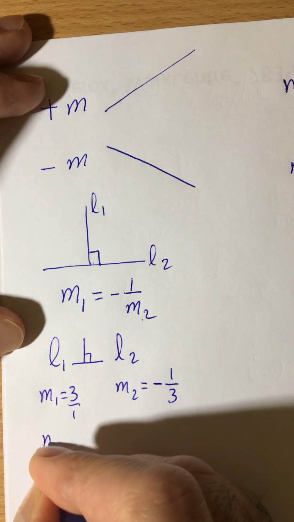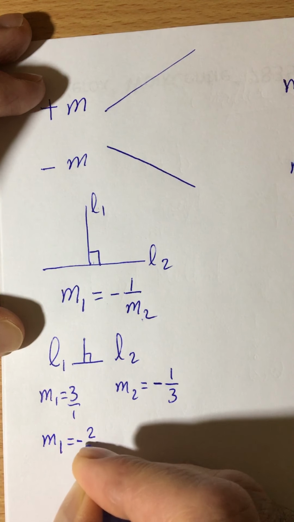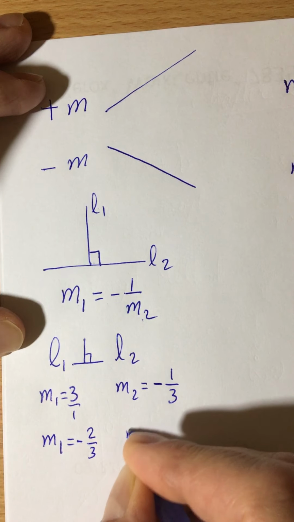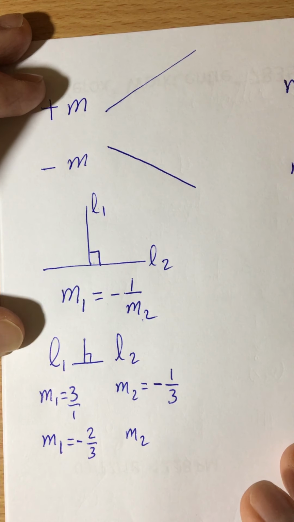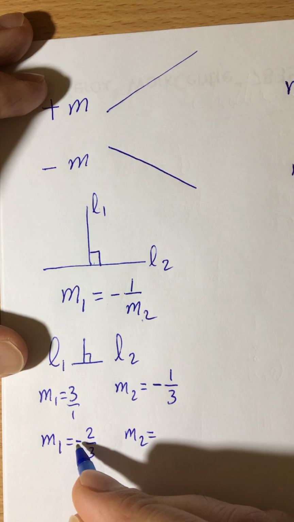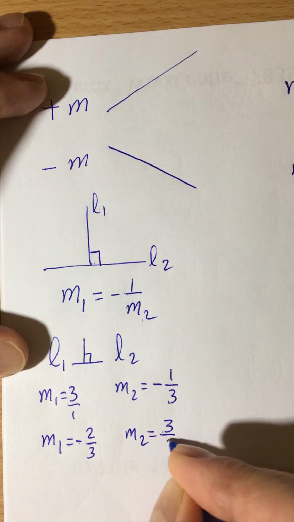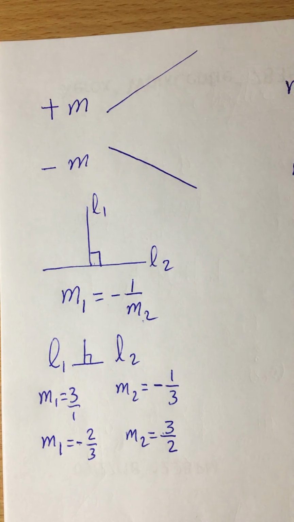Another example, if the slope of line 1 was negative 2/3, then the slope of line 2, if the lines are perpendicular to each other, is the opposite in sign, so that means this is positive, and you flip it. So it's 3 over 2. So this is the relationship between slopes of perpendicular lines.